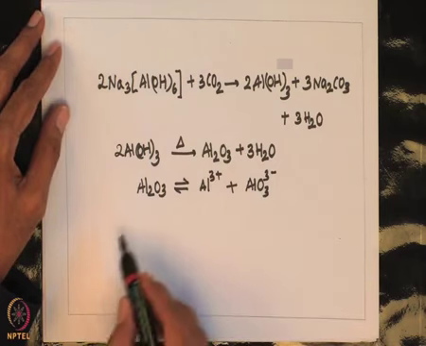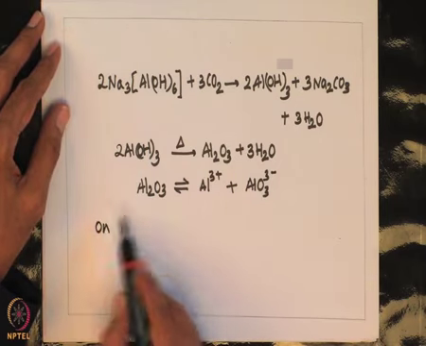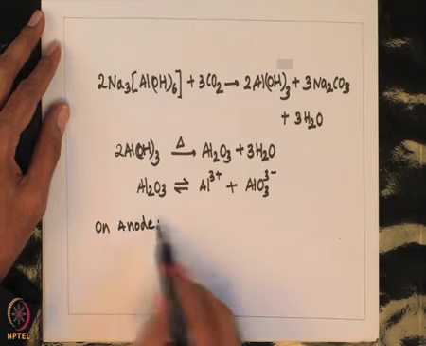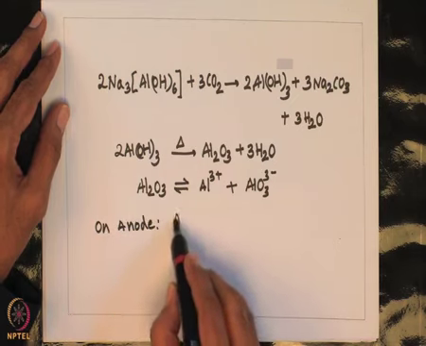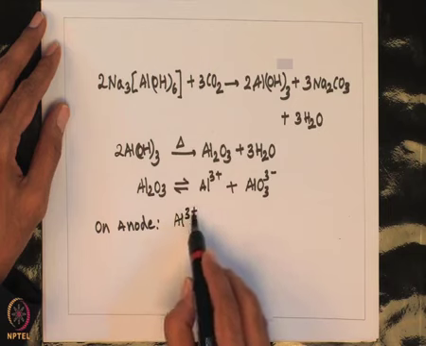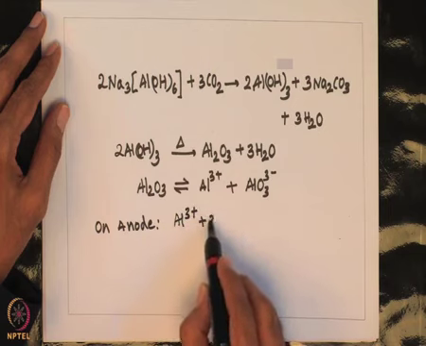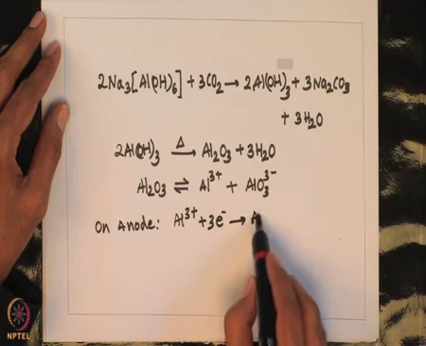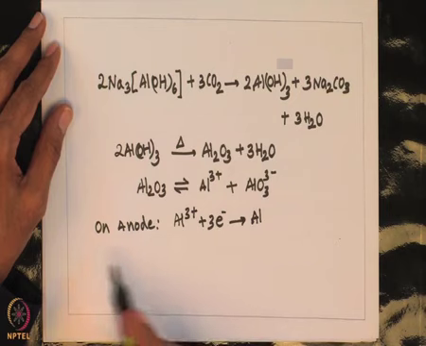So, on the electrode, one can anticipate this reaction: Al3 plus, 3 electrons are added to give aluminum metal.